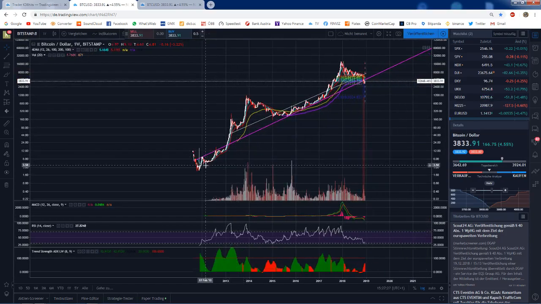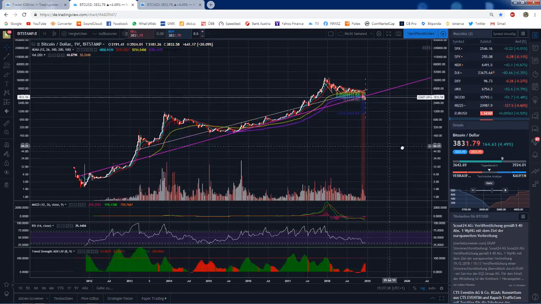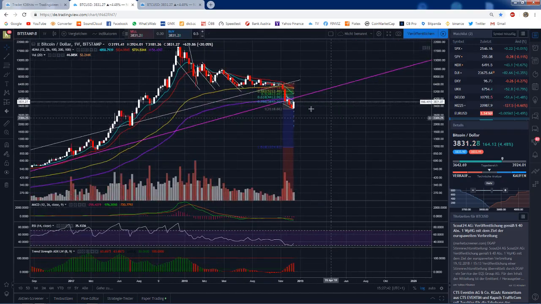Look at this chart. You see resistance, it broke through it, went above it, found support, and broke below it very clearly.